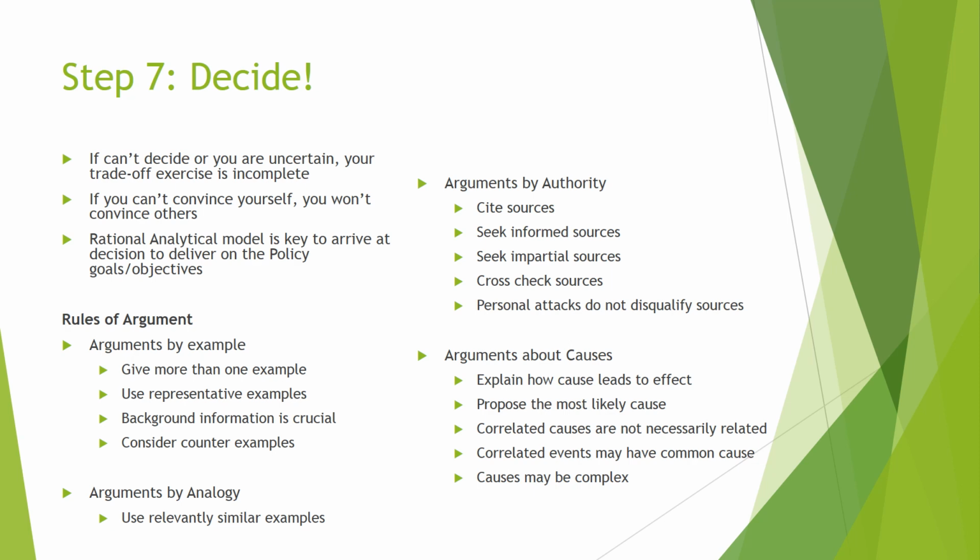Propose the most likely cause. Don't give the one that no one would have thought about. Give the most prominent one, okay? If this is your argument and you're making a case, don't go with the weak one. Go with the strong one. Correlated causes are not necessarily related. Correlated events may have common causes, possibly. And then causes may be complex.